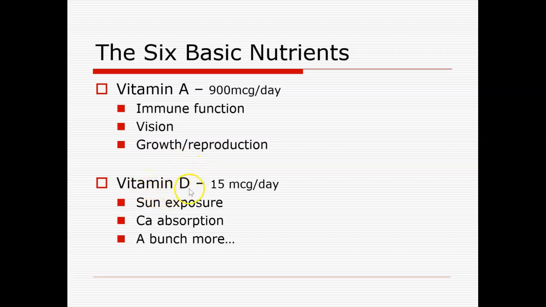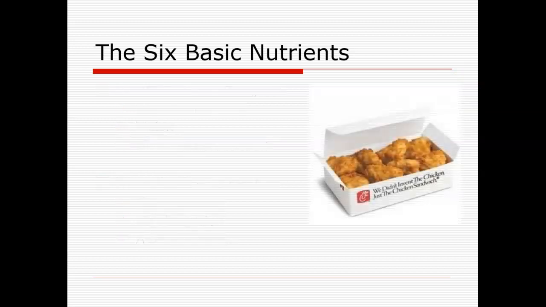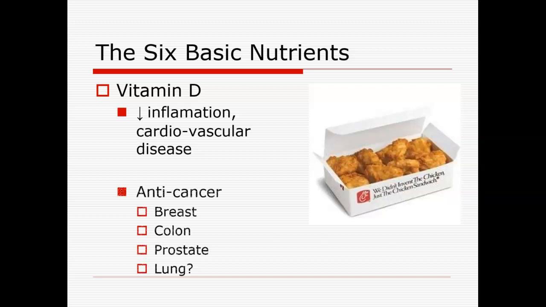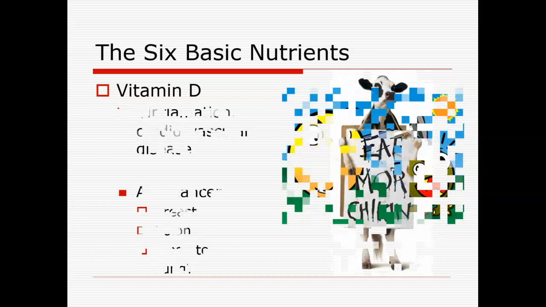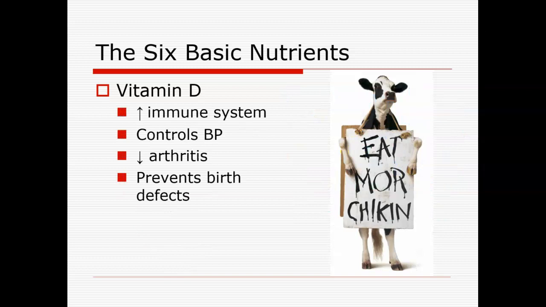But then you get vitamin D, which is like the super vitamin. Everybody loves vitamin D because it does so much, right? Check out all these things that vitamin D does. Definitely is a cardiovascular risk reducer. It decreases inflammation. There's anti-cancer components to this aspect. There's the immune system effects.